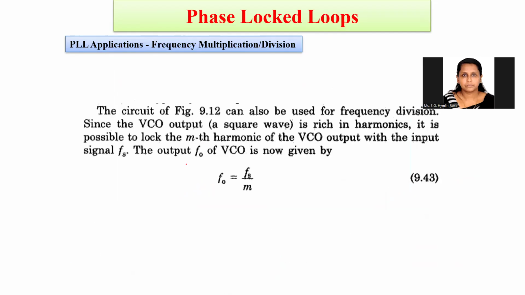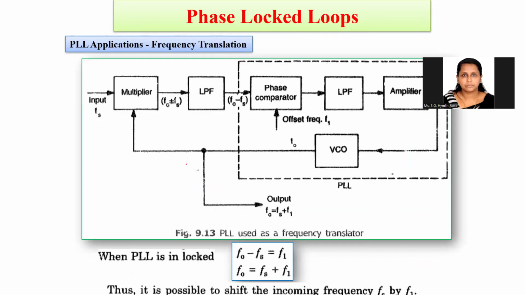Second one is frequency translation, or we can say frequency shifting. It also has the normal PLL block diagram along with a multiplier and a low pass filter.